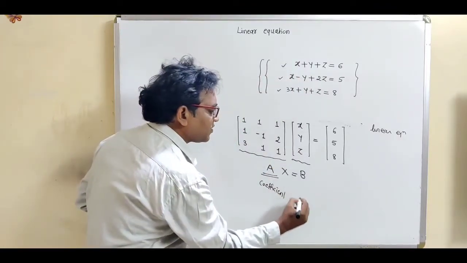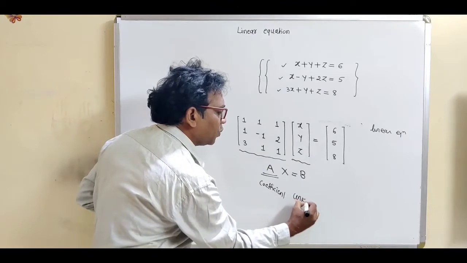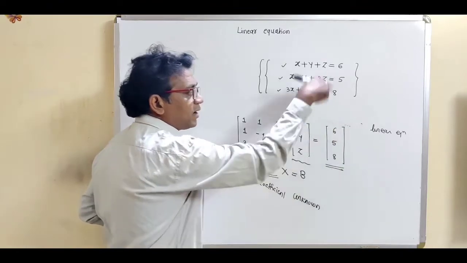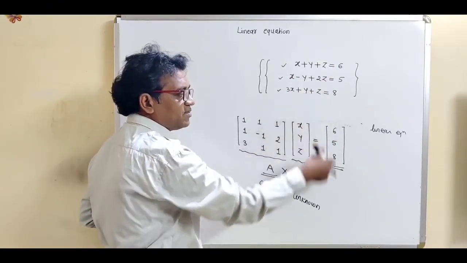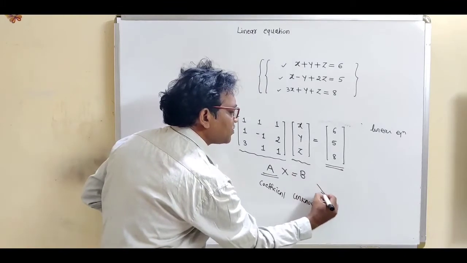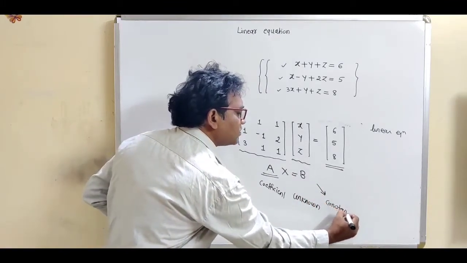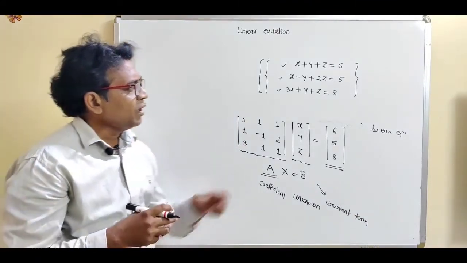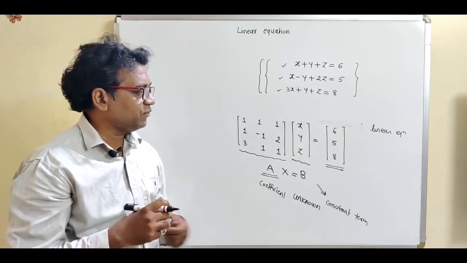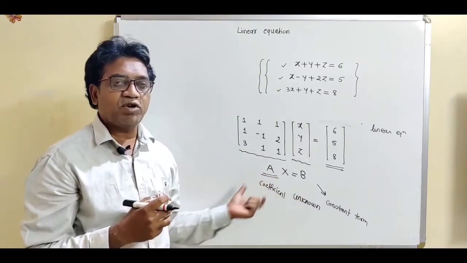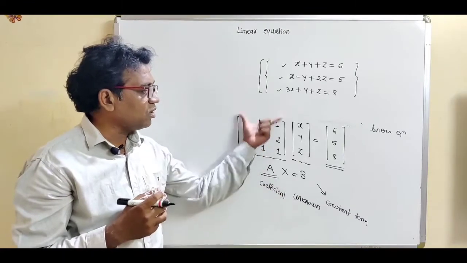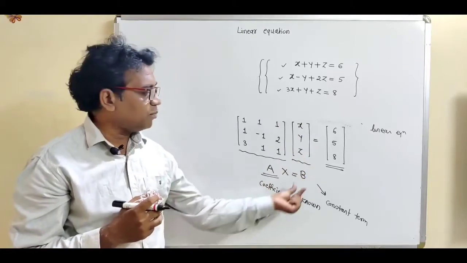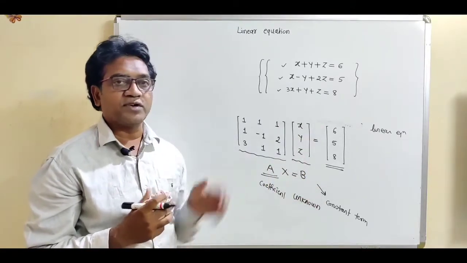And B is called the matrix of constant terms. 6, 5, 8 are the constant terms. So remember this concept: every system of linear equation we can put in the matrix notation AX equal to B, where A is the matrix of coefficients, X is the matrix of unknown terms, and B is the matrix of constant terms.